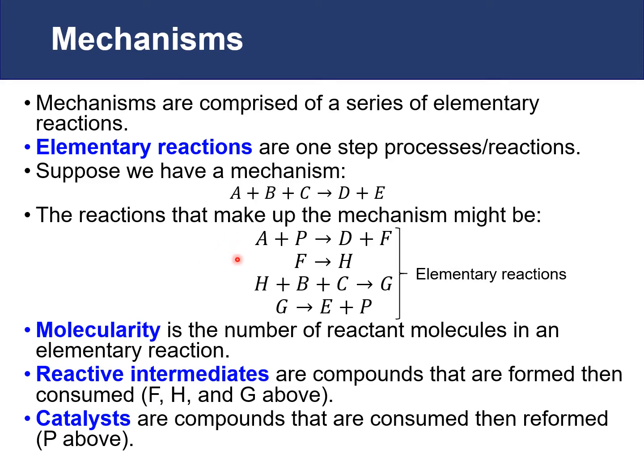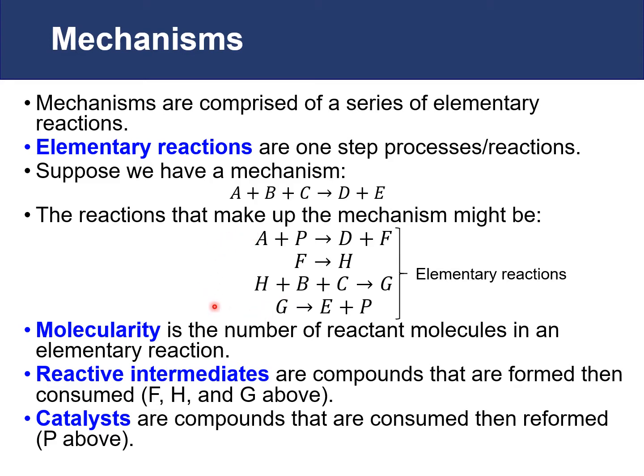The molecularity for the second step, F going to H, would be 1. There's only 1 reactant. For the third step, H plus B plus C goes to G, there are 3 reactants, so this is said to have a molecularity of 3. The last one, G breaks apart to E and P, would have a molecularity of 1.